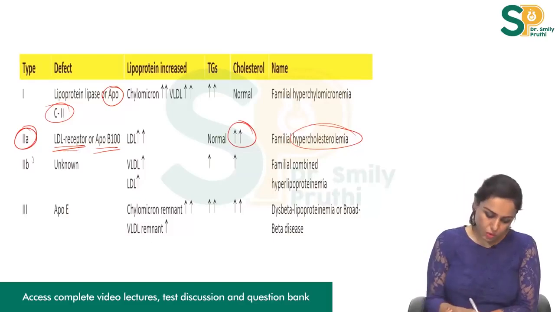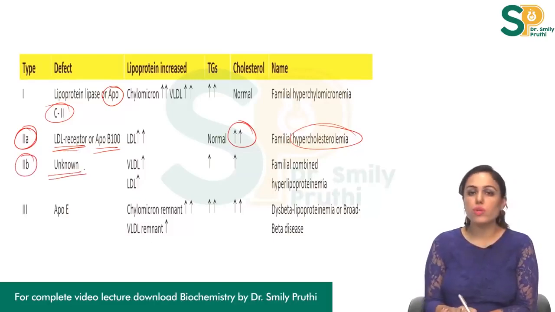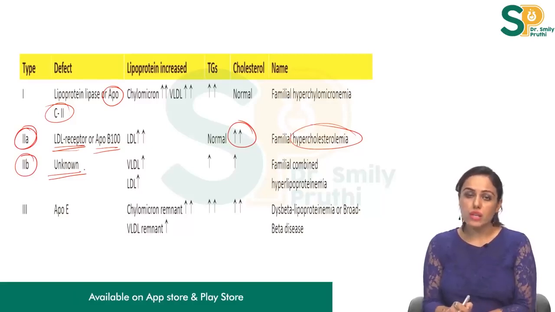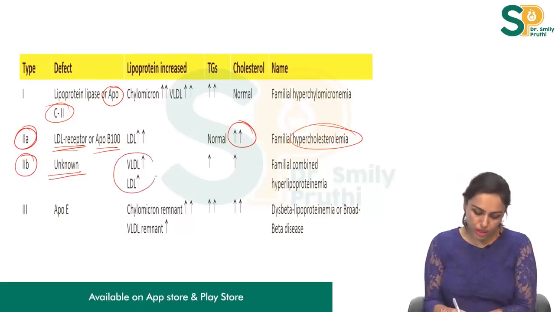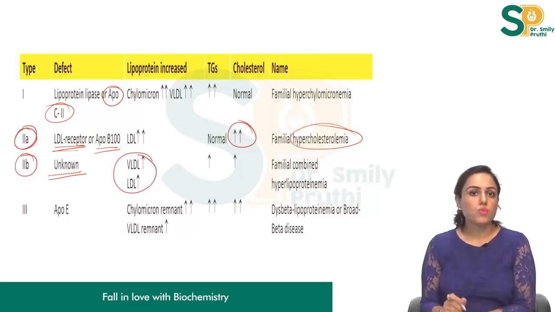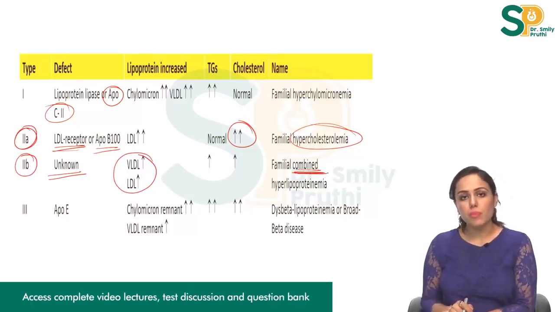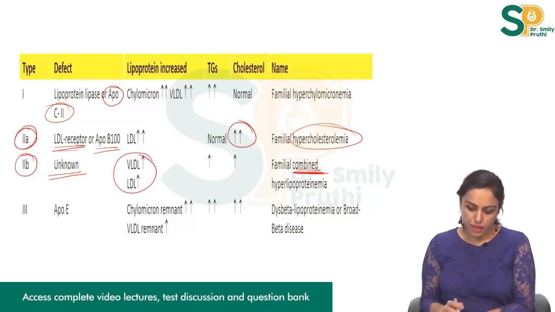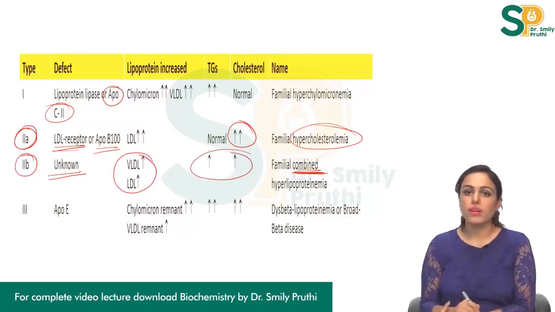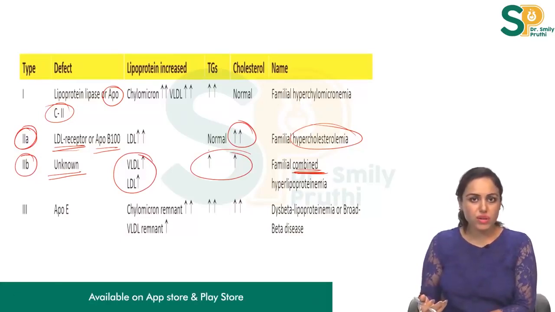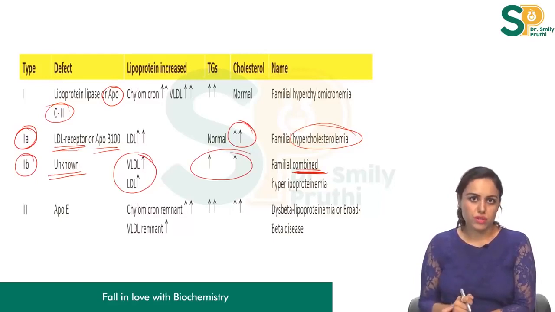Then coming to type 2B, in type 2B we don't know the defect in these patients, that is unknown, but we have seen that in these patients both VLDL and LDL are increased. Because of this, it is known as familial combined hyperlipoproteinemia, and here both triglycerides and cholesterol increase, because VLDL increase means triglyceride increase and LDL increase means cholesterol increase, so both will increase, right?